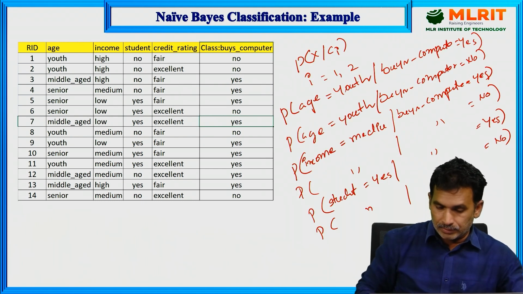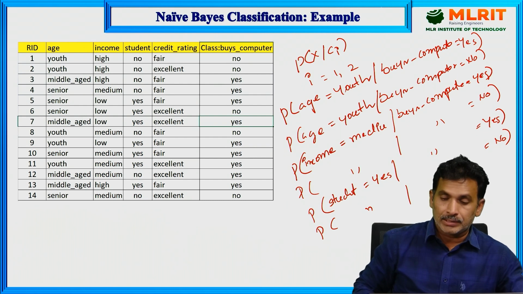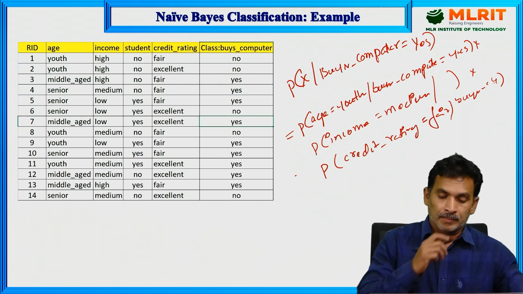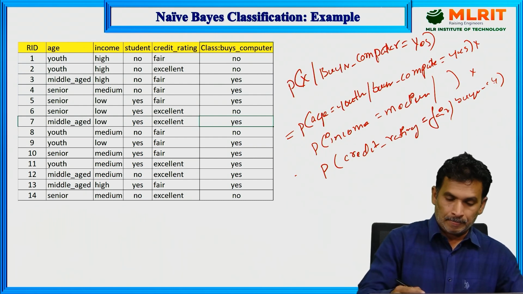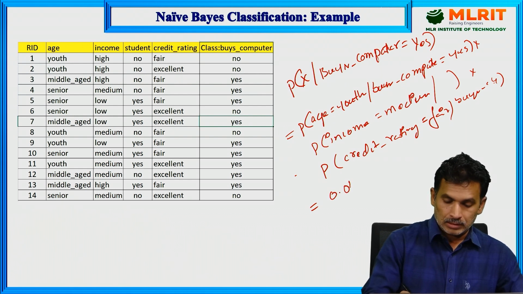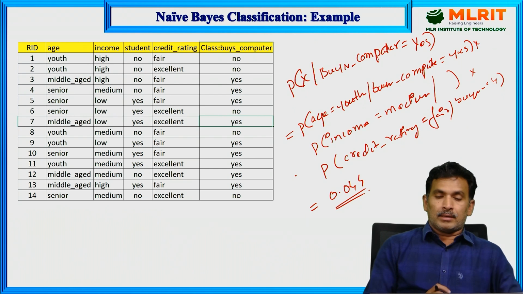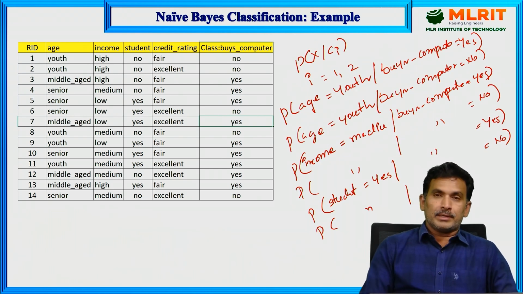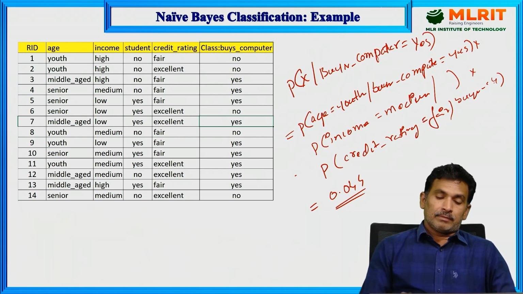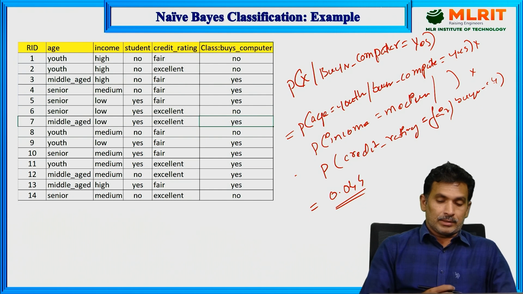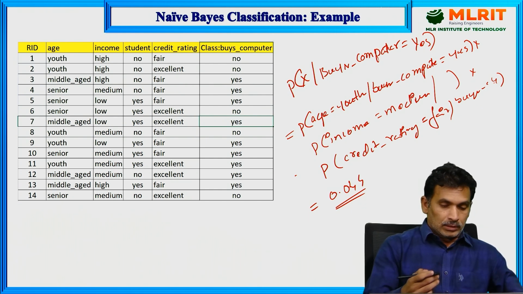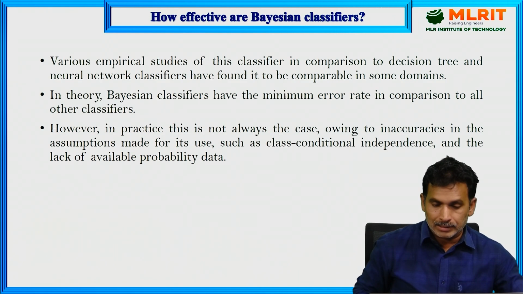So once we plug all those values into this equation, we will get the value, let us say 0.044 is the final value after plugging the values of all these probabilities into this equation.